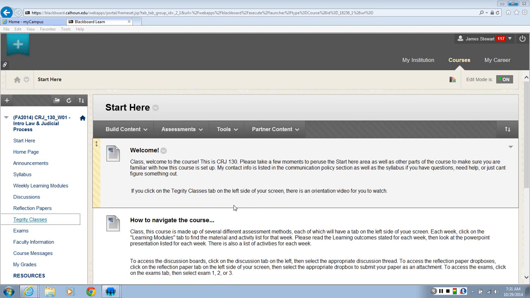The first thing I want you to understand is that procedural law is basically how a case moves through the system, whether it's the criminal system or the civil system. We have something called procedural law that really governs how that case moves through that system.